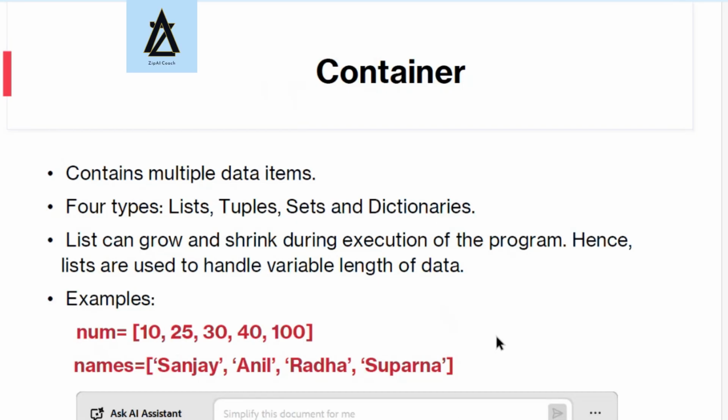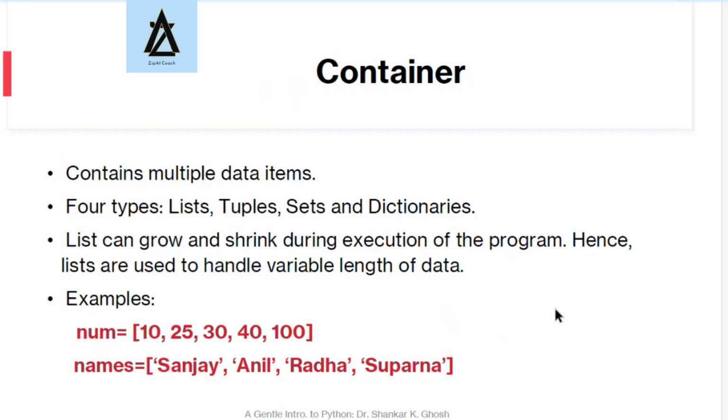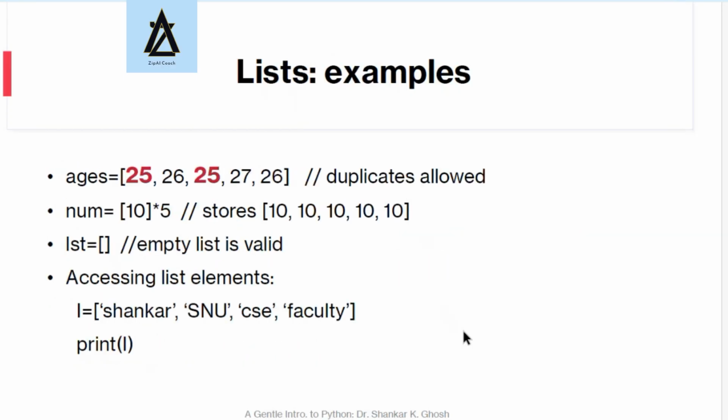Here you can see two examples of lists. And one more thing is a list can contain multiple types of data, like both integers and characters. In a list, duplicates are allowed, which is usually not allowed in an array.